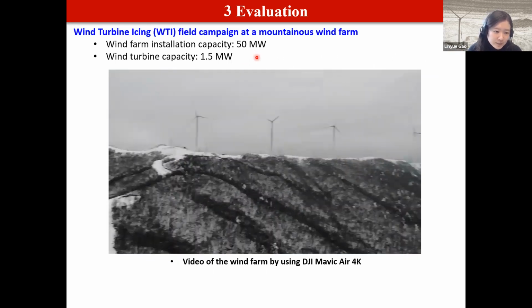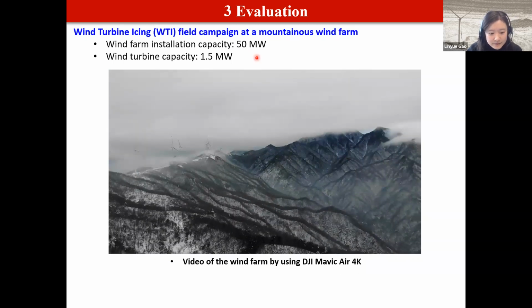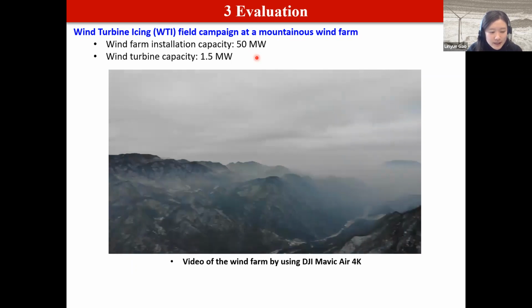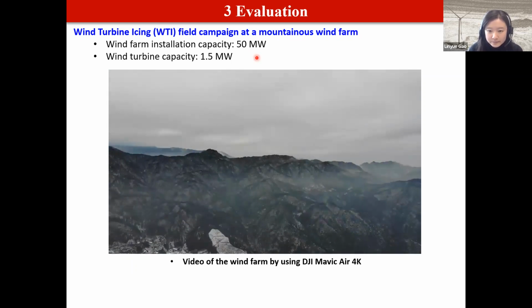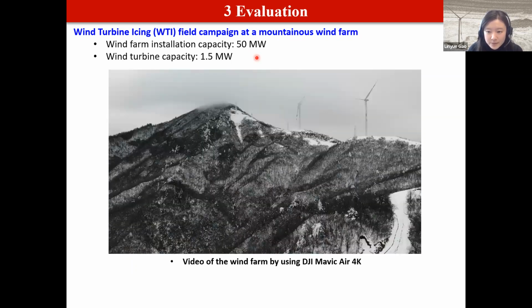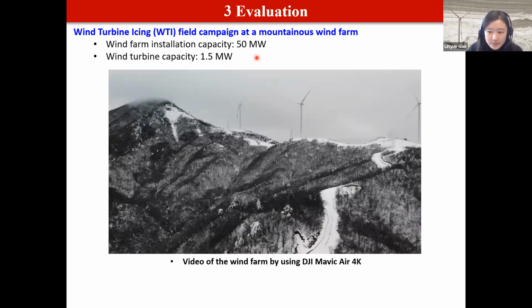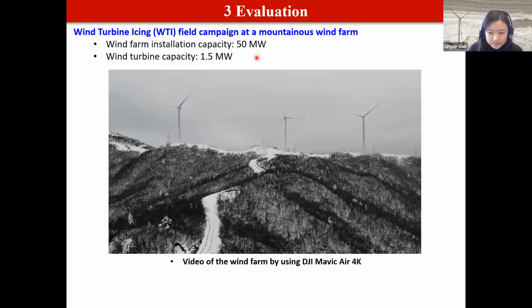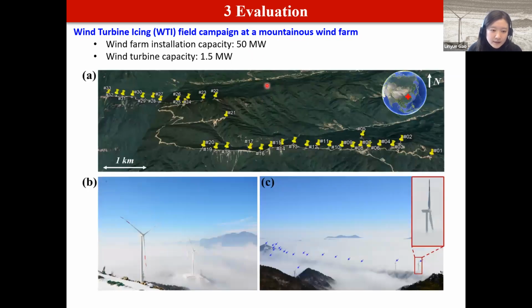For this wind farm, the installation capacity is 50 megawatts, and it is a mountainous wind farm, and the wind turbine capacity is 1.5 megawatts. For this wind farm, the icing probability was found to be about 85% in winter. This one shows the wind farm layouts, and you can see those marks.